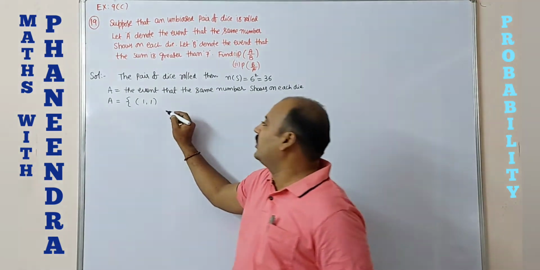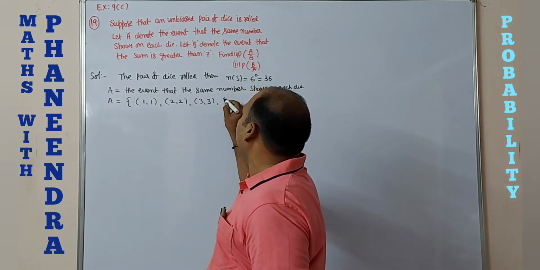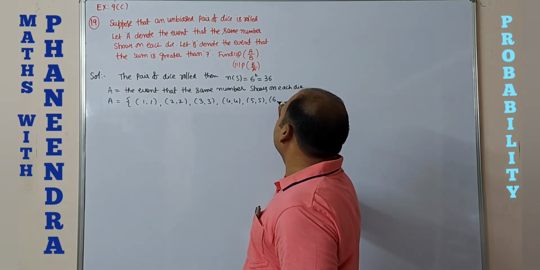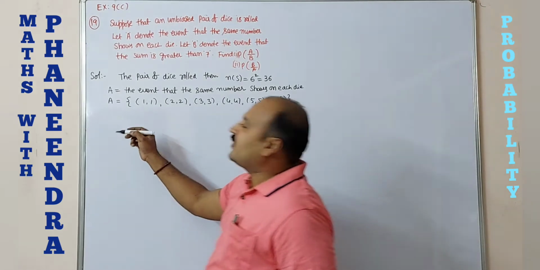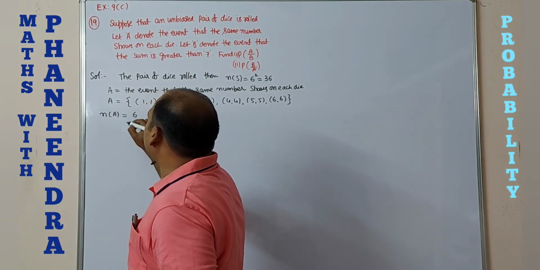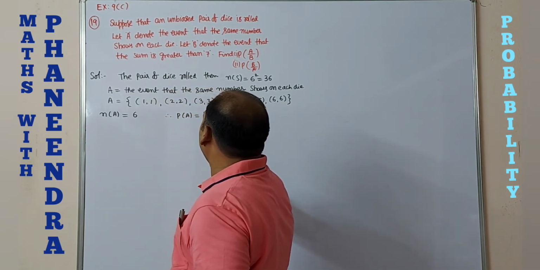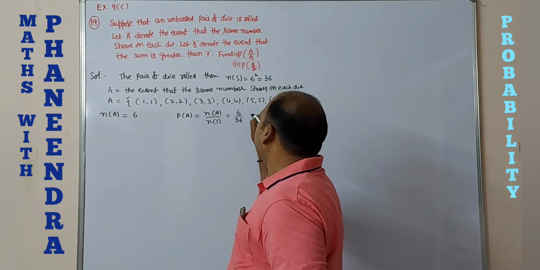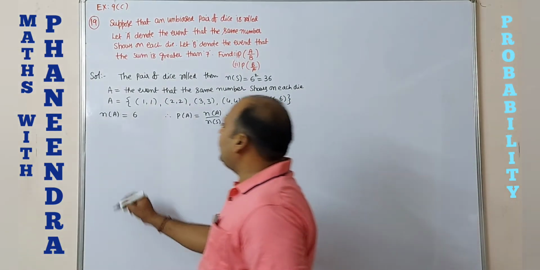Same number is showing. Like this 2 comma 2. Like this 3 comma 3, 4 comma 4, 5 comma 5. And 6 comma 6. So how many are there? 6 possibilities are there. N of A is equal to 6. Therefore, P of A is equal to N of A by N of S, 6 by 36, which is equal to 1 by 6.